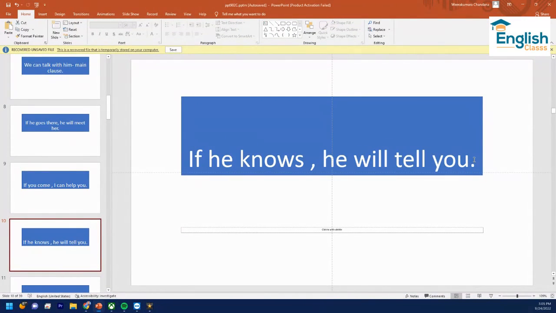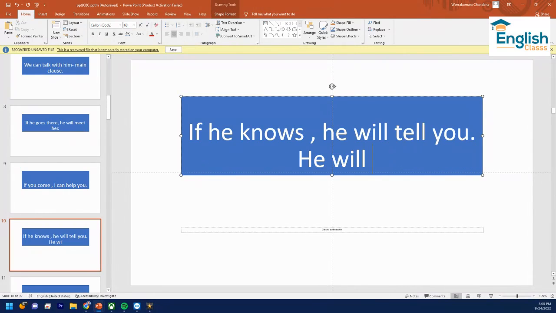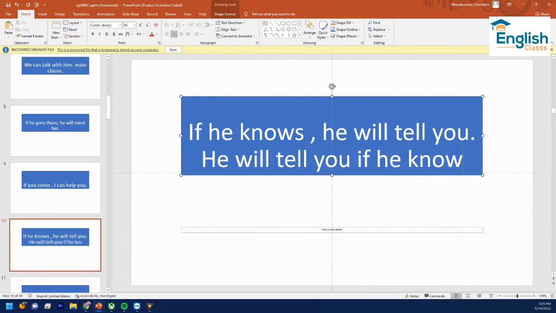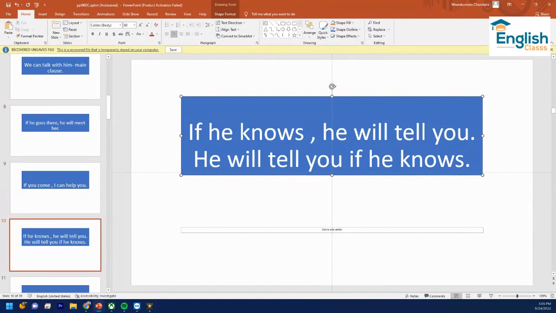I will show you the second way that you can write it. He will tell you, that is the main clause. If he knows is the if clause. Now we have put the word if in the middle of the sentence. When you use the if clause at the end of the sentence, you don't have to put the comma.